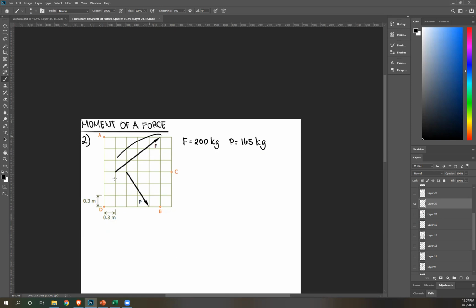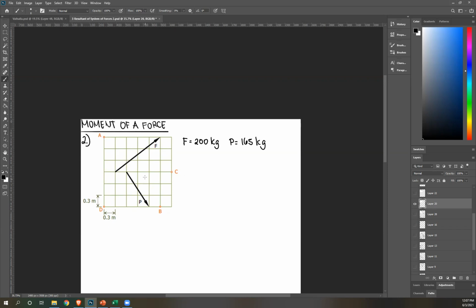Let's start with force F, and take the moment of force F about A. So this is your point A. This is the perpendicular distance, which is somehow tedious to solve for. So once again, we're going to use Varignon's theorem, wherein we separate F into its x and y components.